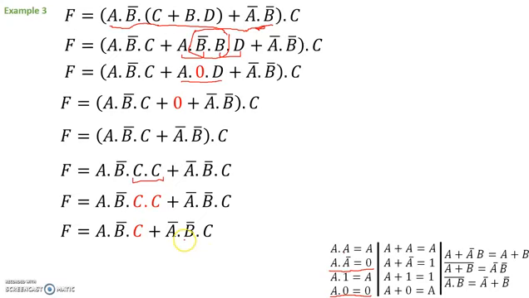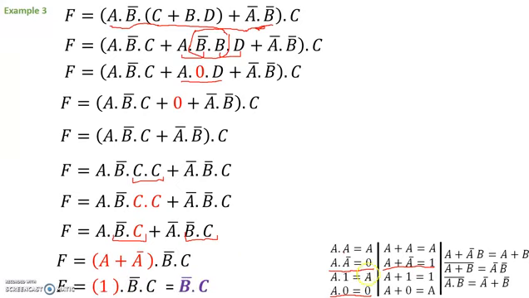What can we take common here? So I see not B ANDed with C, not B ANDed with C. Let's take that out. And we'll have A from the first term and not A from the second term, ORed together. So A ORed with not A, and that whole thing is ANDed with not B, C. So A or not A, that rule right there is equal to 1.